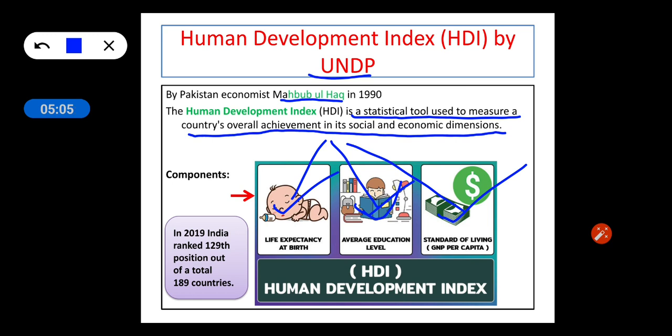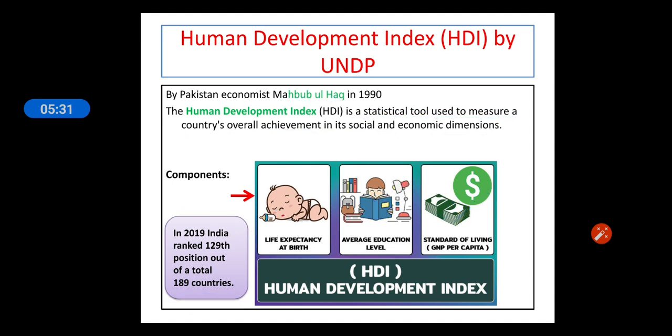So a geometric mean of all these three indicators is taken to calculate HDI. Okay, and in the year 2019, India ranked 129th out of a total of how many countries? 189 countries. So it shows India is not doing well in terms of development.